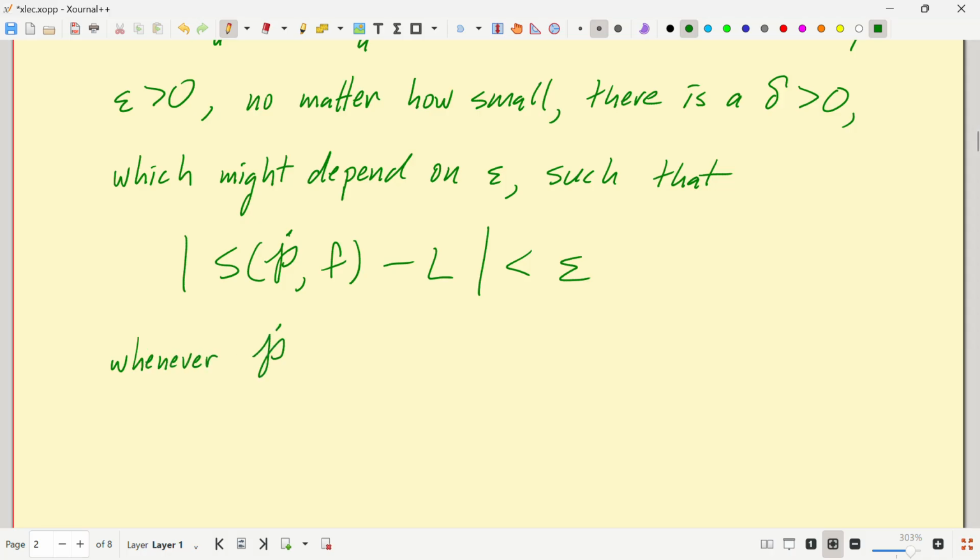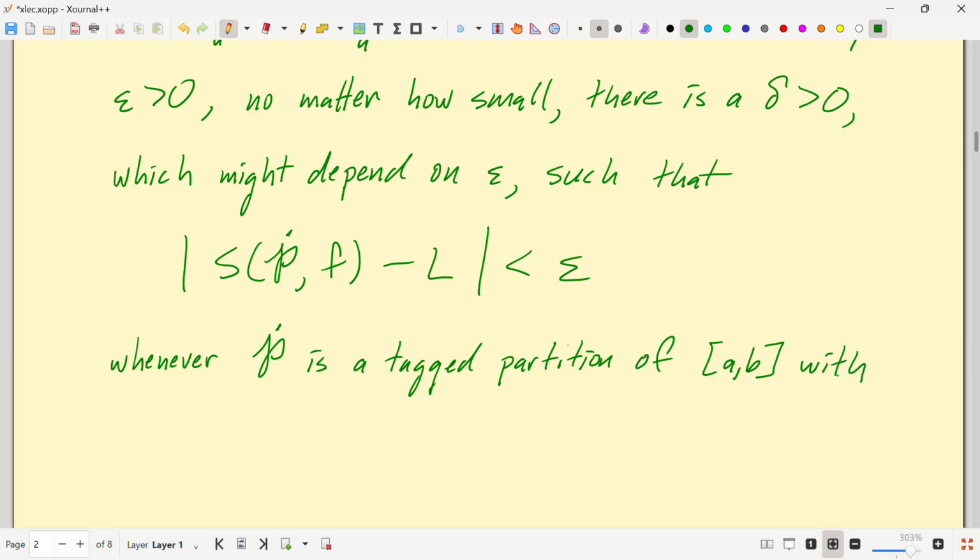So whenever P dot is a tagged partition of AB with mesh less than delta. Okay?